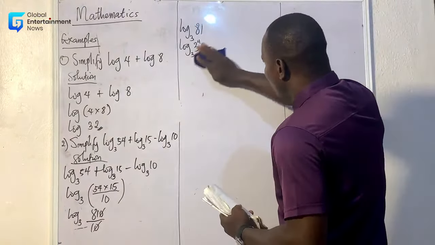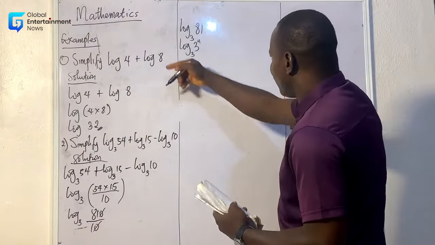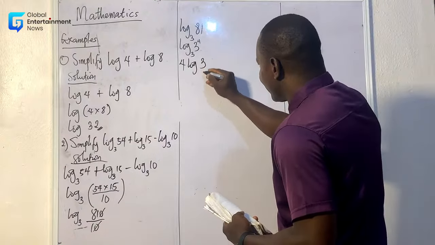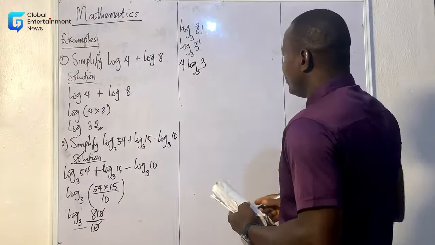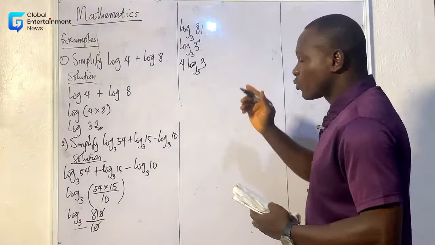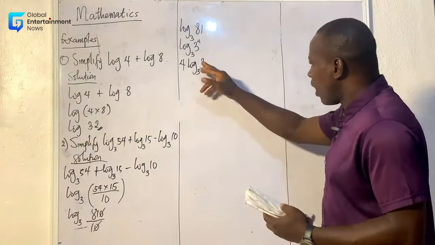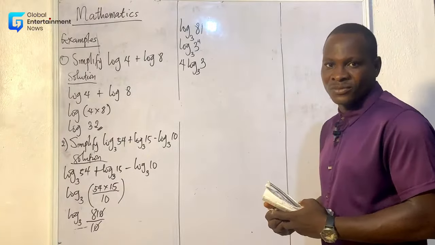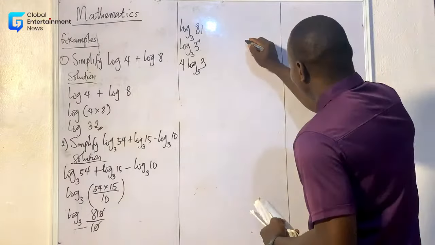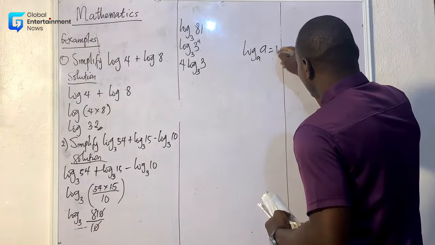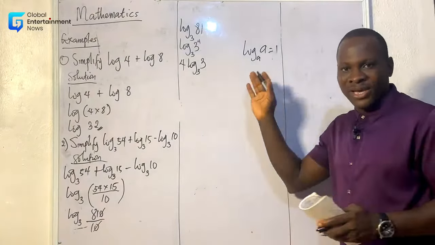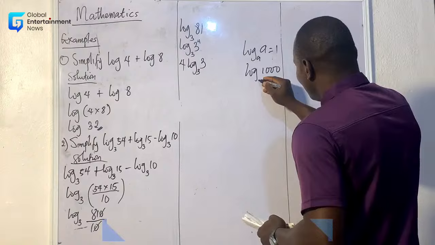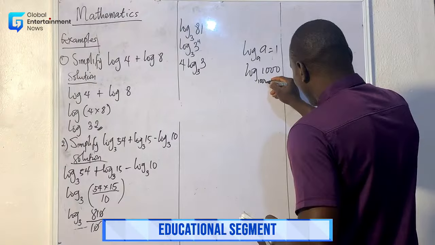Is 4. So what do we need to do? You carry the 4, you now say 4 log 3 base 3. So what do we need to do? If you could remember, I told you that log of the same base will give us 1. You still remember? Log a base a is equal to 1. That is the law. If I have log 1000 base 1000, it will give me 1.